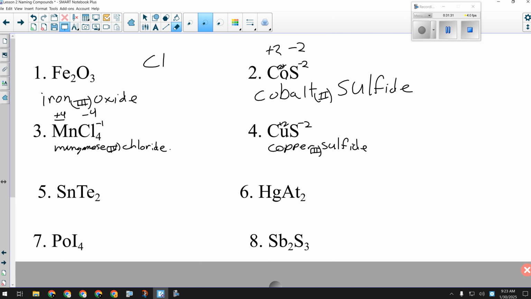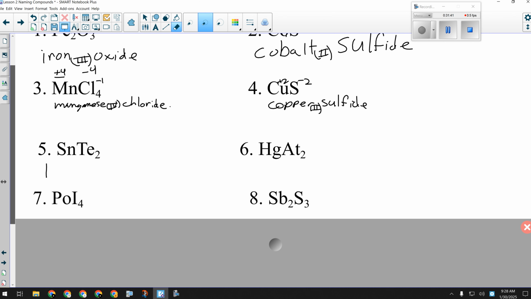All right, try the next 4 there. Let's have a look at these 4, guys. What does Sn stand for? Tin, yeah. All right, so this is tin telluride, but tin has more than one possible charge, so we've got to figure out which one it is.